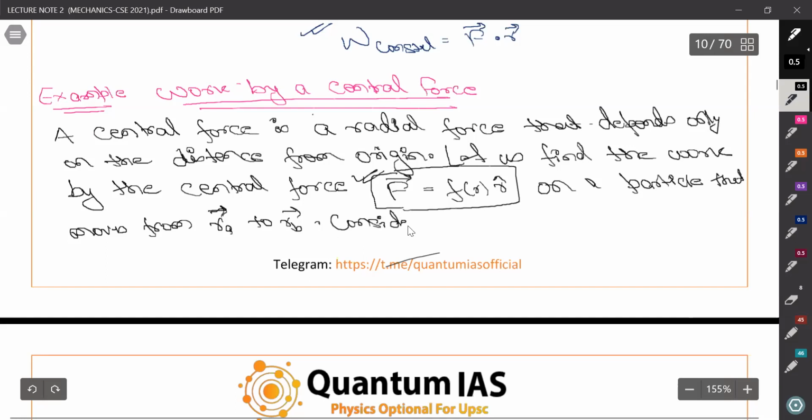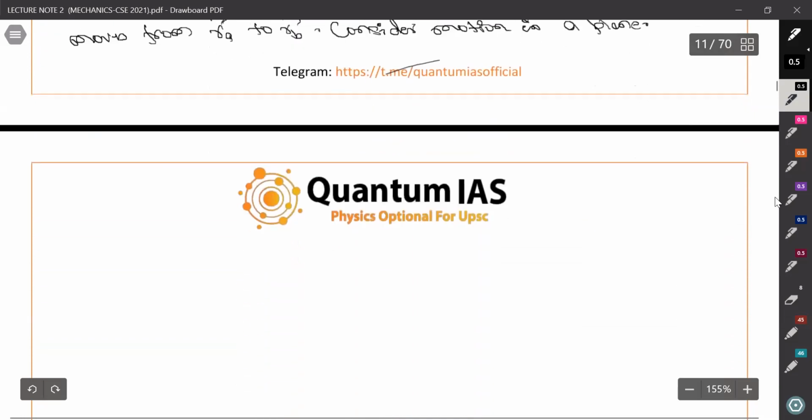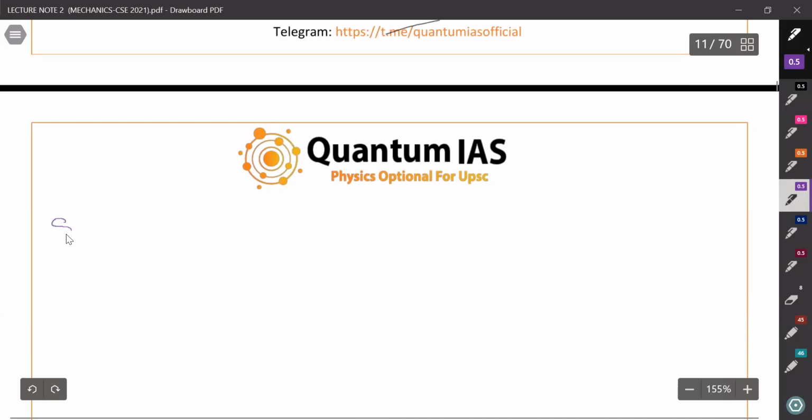Consider motion in a plane. What are we considering? We are considering motion in a plane. Try it first. So what do we have to find? This F dot dr.